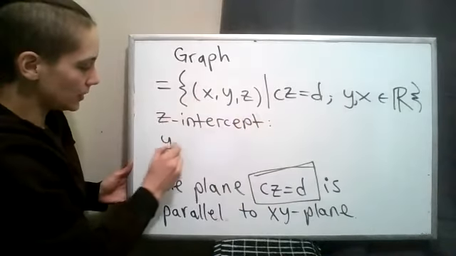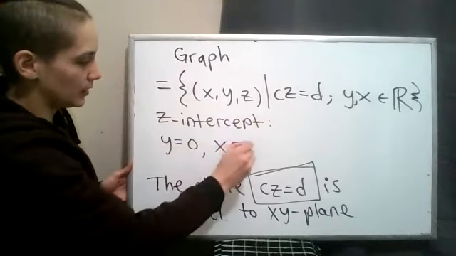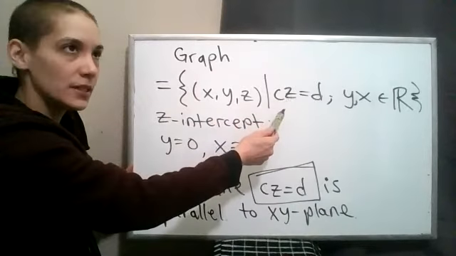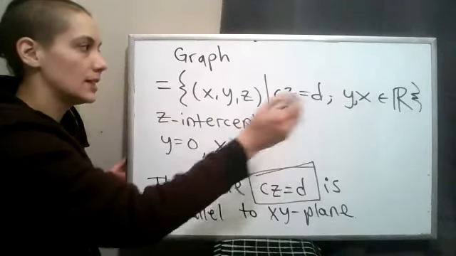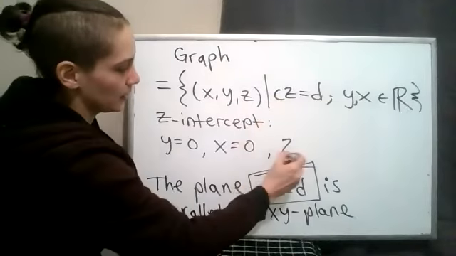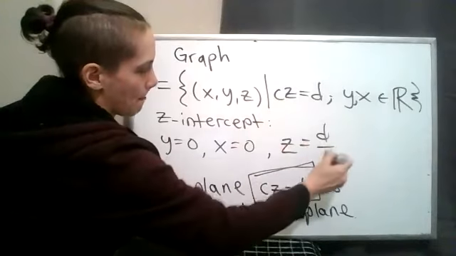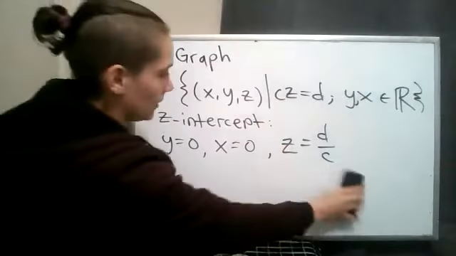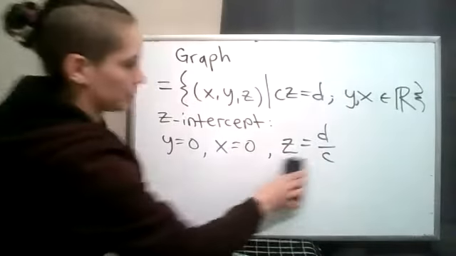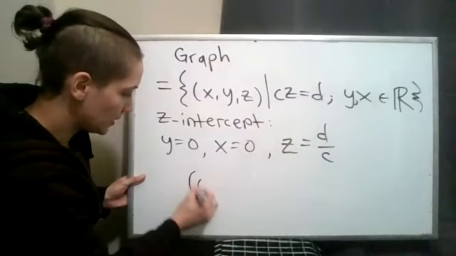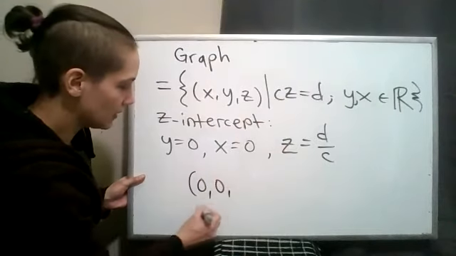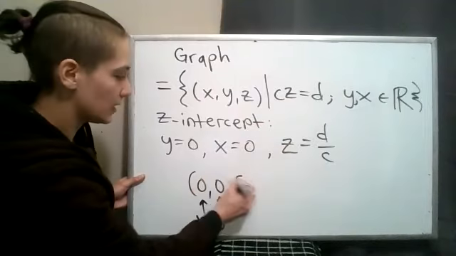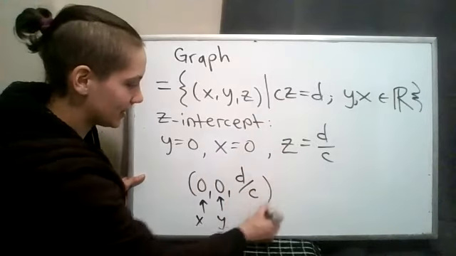You have y equal to 0, x equal to 0, which doesn't have any effect on this here. So when that happens, you still have z equal to d over c. So we have a 0 for x, a 0 for y, d over c is z.